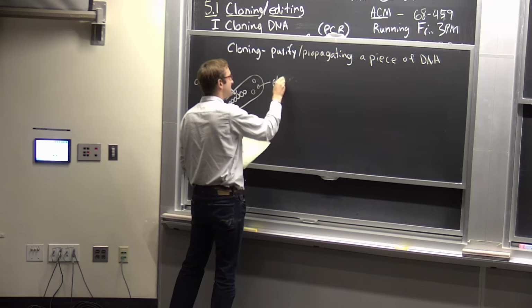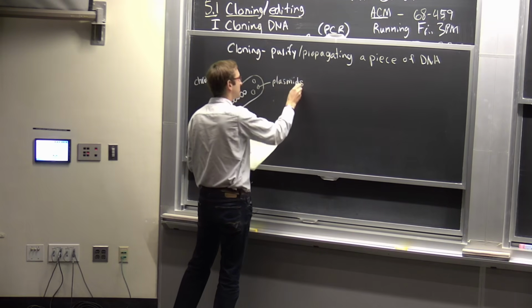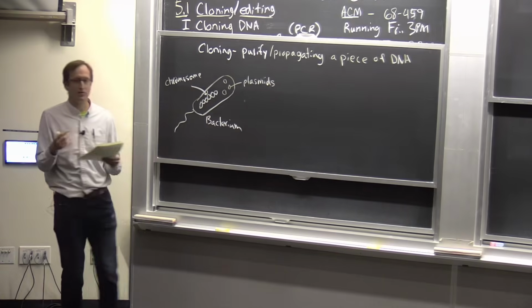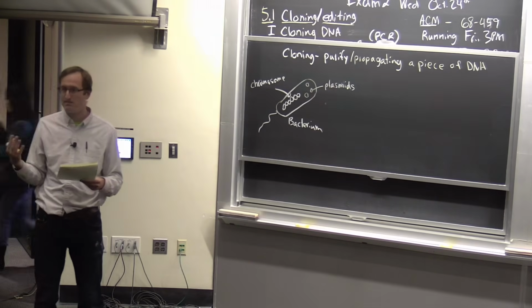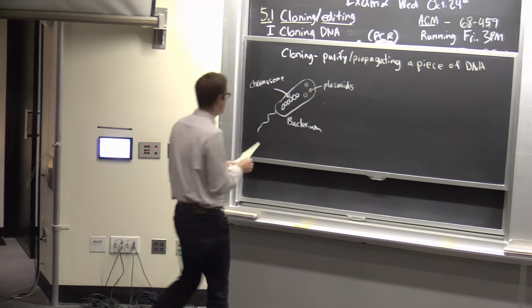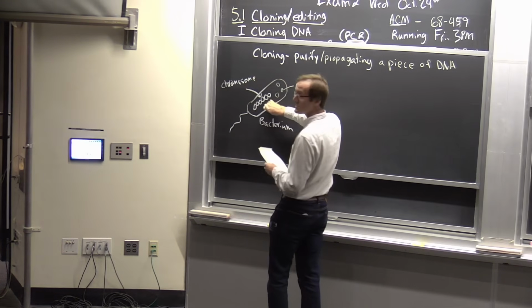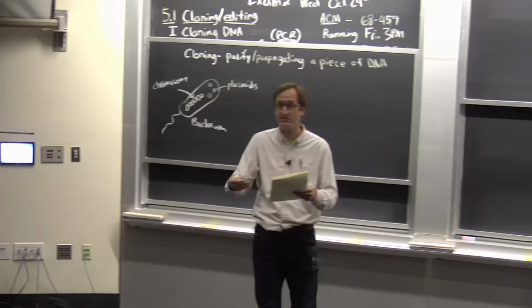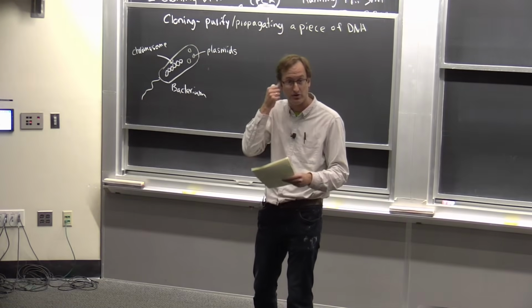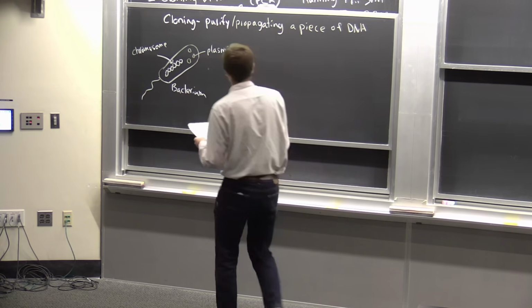These are plasmids. And these extra chromosomal pieces of DNA replicate independently of the chromosome. And they can persist in the bacterial cell and be passed on to the daughters of this bacterial cell as the bacterial cells divide, okay?